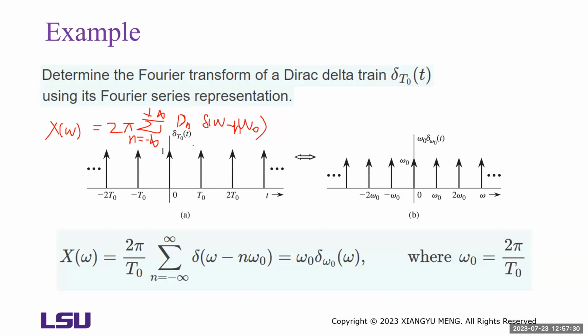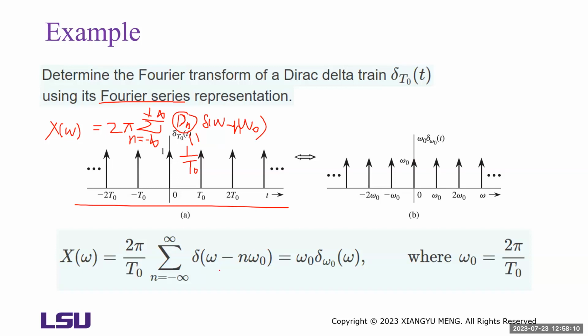I think I have already shown you this example when we discussed the Fourier series. We know Dn is just 1 over T0. Therefore, the Fourier transform of the function delta T0(t) is 2 pi over T0 times the sum from negative infinity to positive infinity of delta(omega minus n omega 0).